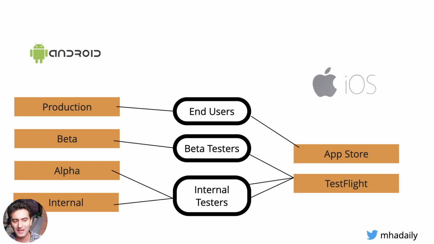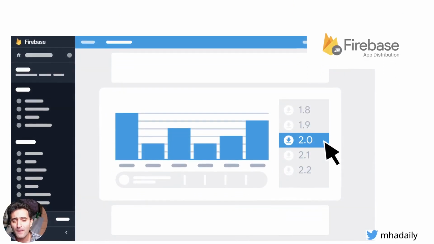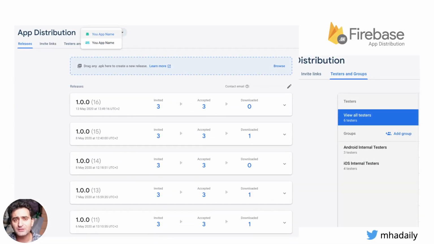My internal testers can receive it from different branches as well. It may not exactly match, but there are different solutions that you can match that to. For example, you can use tools such as Firebase App Distribution or App Center from Microsoft that help you deploy without deploying to any of these app stores.